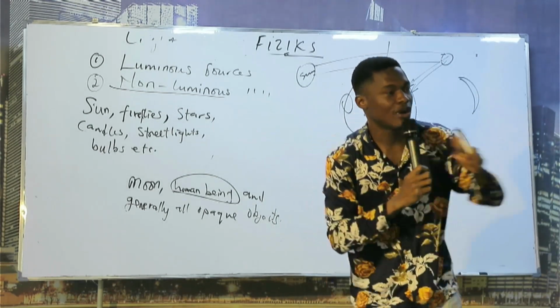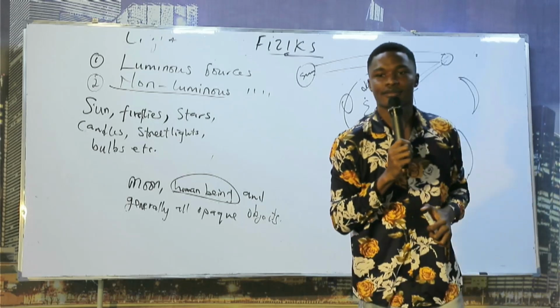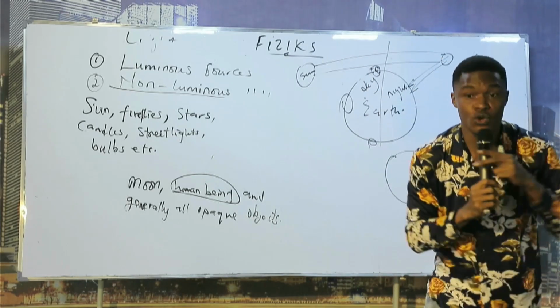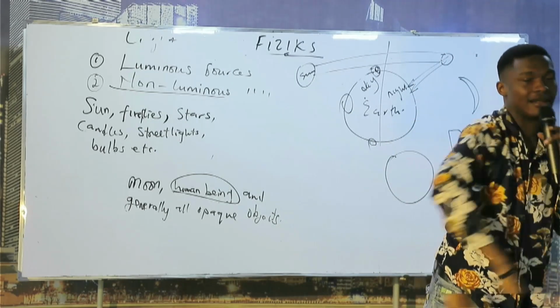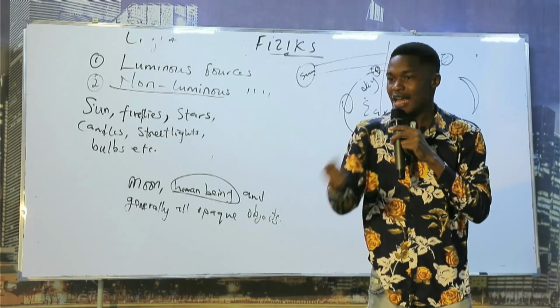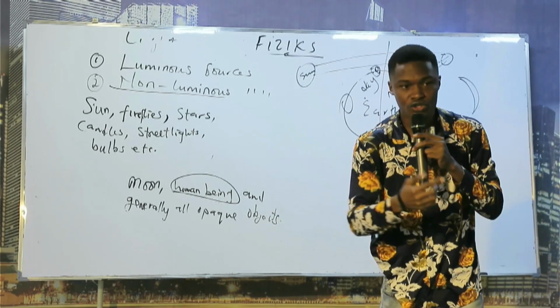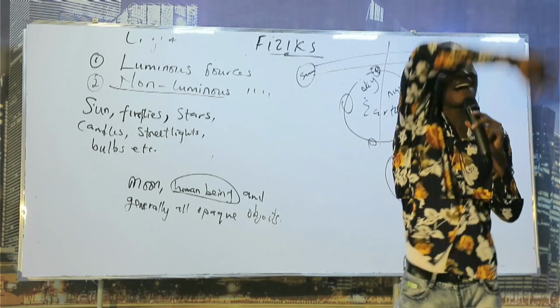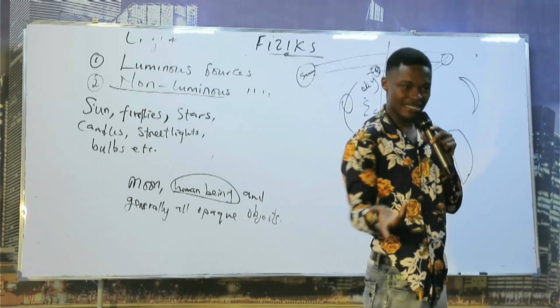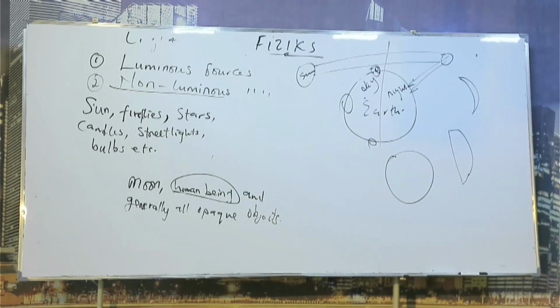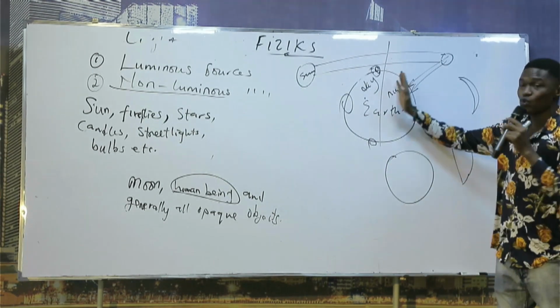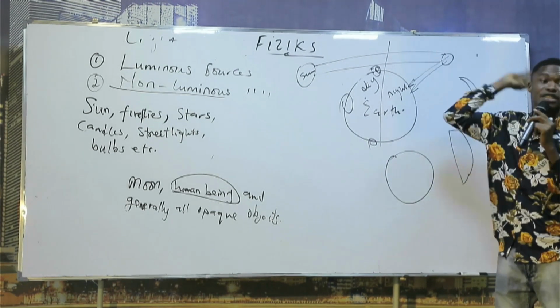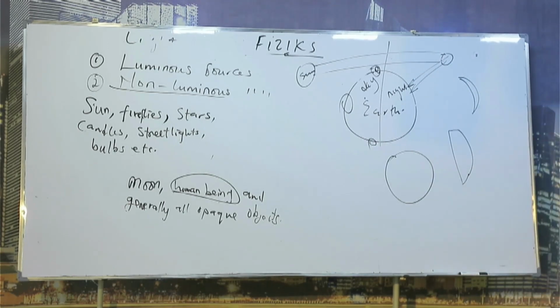Let's say your torch is on outside like this. Now, that torch is on, right? But does the light from that torch affect anything? That is the same thing. Even though the moon is still out there as we are speaking, because the sun is much brighter, it doesn't affect it. But at night, since we are now at the back, we can see the full light of the moon.